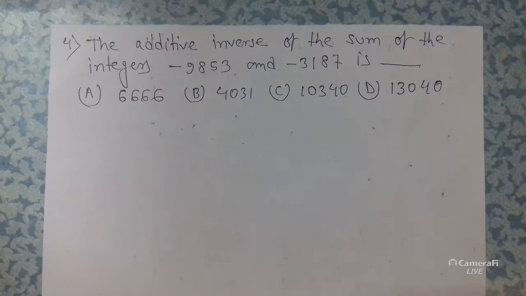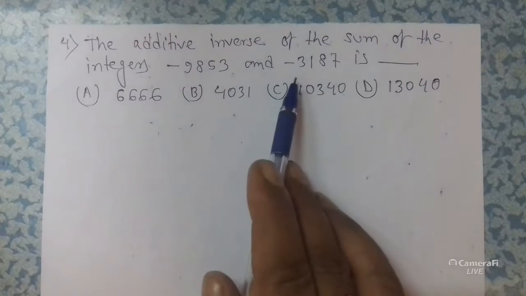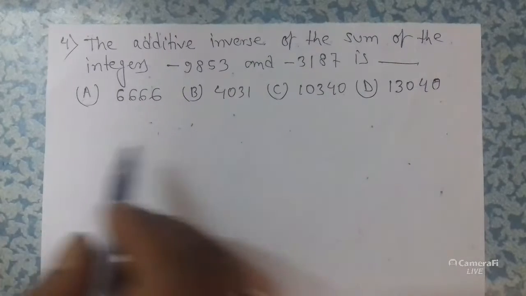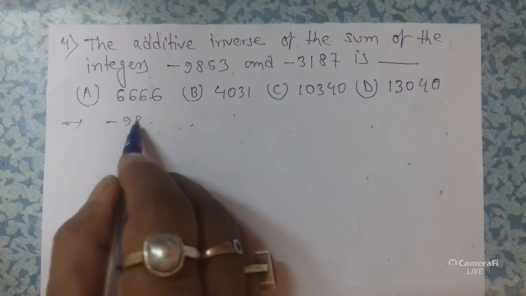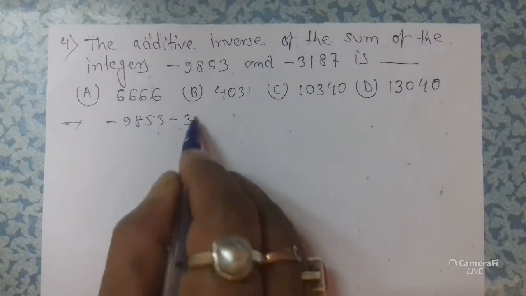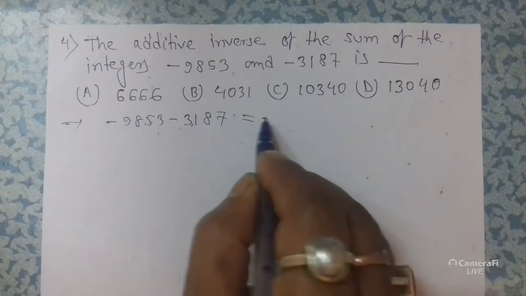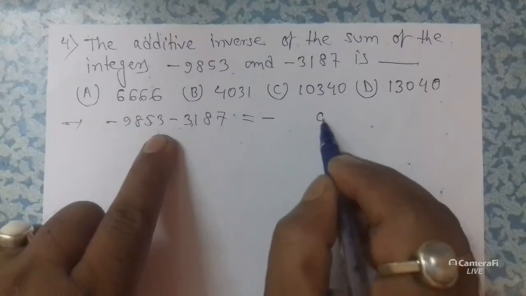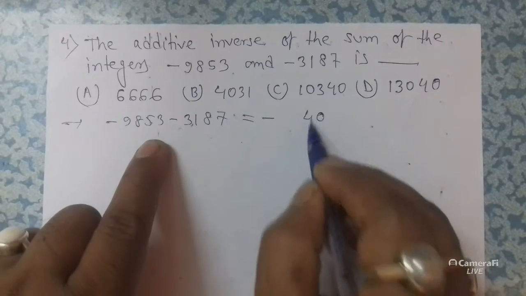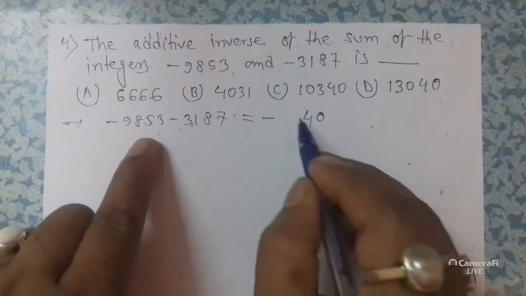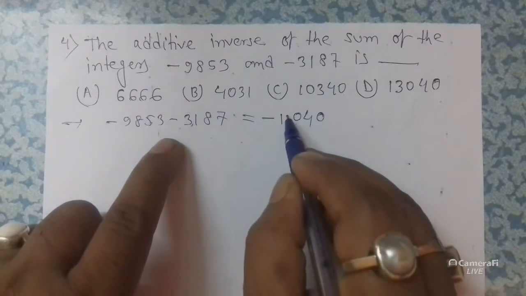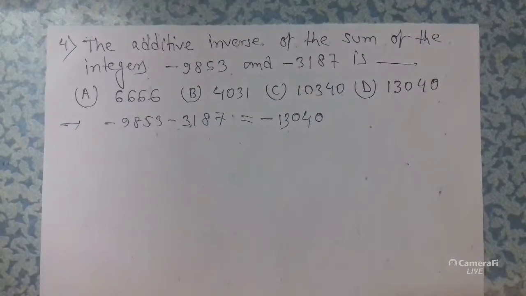So the additive inverse of the sum of the integers. So at first we have to find the sum of these two given integers. So if we add these two, minus 9853 and minus 3187, it will be minus of, so add these two values, minus 13,040, but we have to find the additive inverse of this sum.